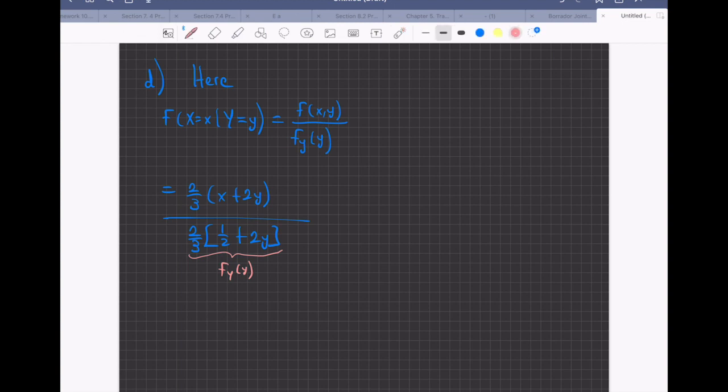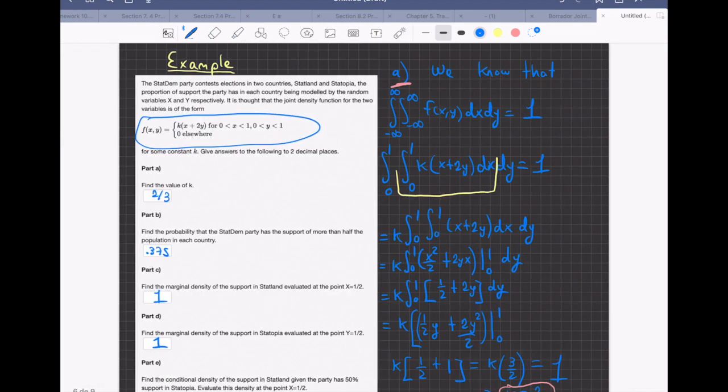And this is equal to what? 2/3 divided by 2/3, they cancel out. So we have only x plus 2y divided by 1/2 plus 2y. But we need to evaluate this at which value?